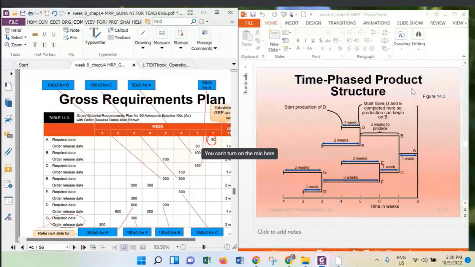Hmm? 8. 8 apa? 1 minggu ke? 1 minggu. Ya, 1 minggu nampak ni 1 minggu. Aduh. Nak minum air je lah, stres lah dengan saya dan awak ni.